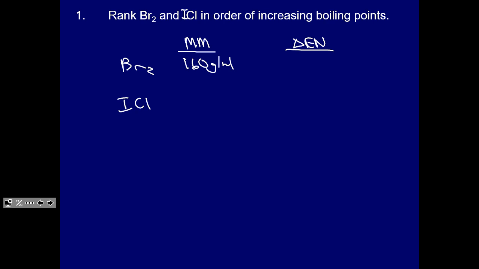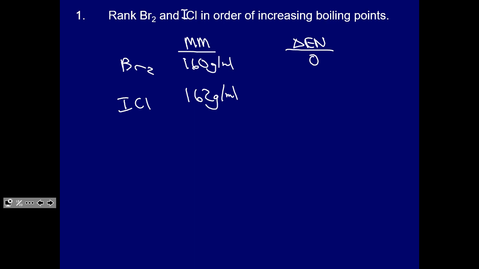I can't do that in my head. Somebody got a number there? 162. So I would say their London forces are pretty close, all right? And delta EN, 0.